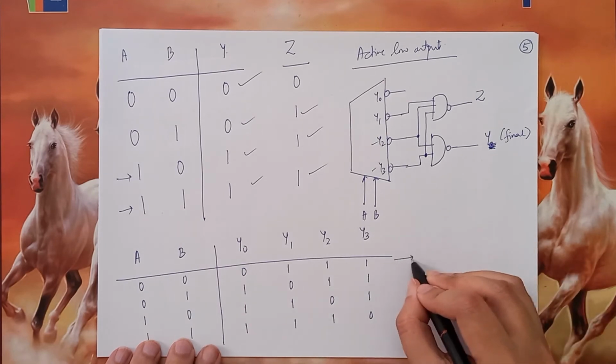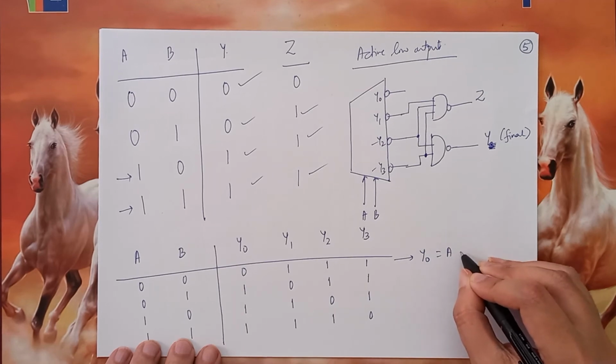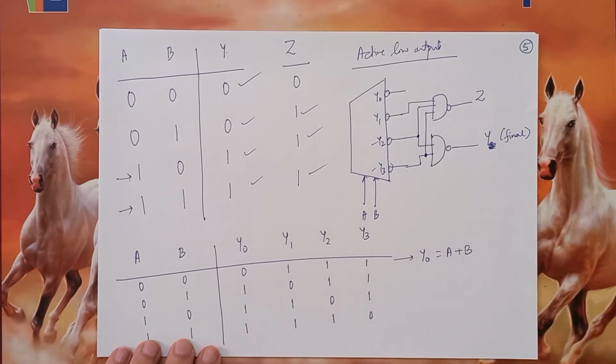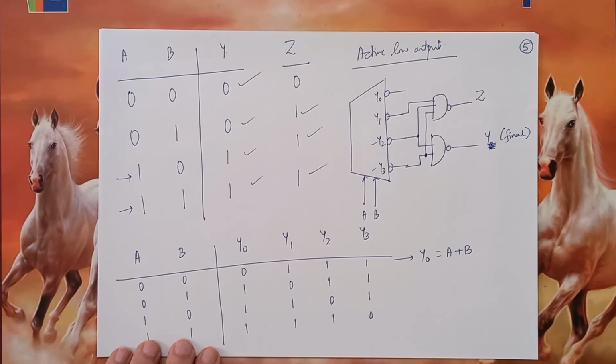Therefore I can say that y0 in terms of max terms is A plus B. This is how we write the max term for y0. Remember, 0 indicates max term and A0, B0 indicates no complements.